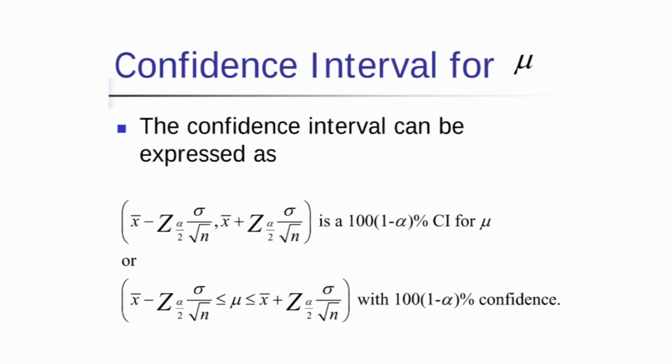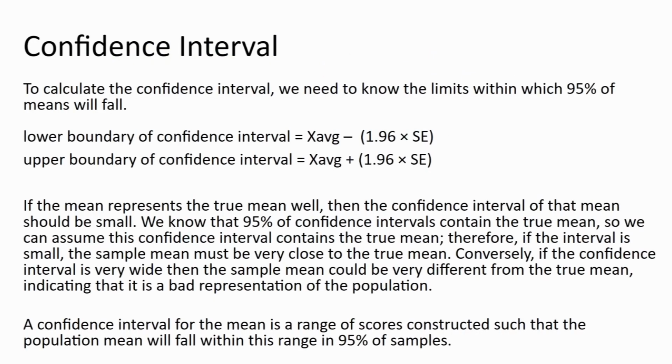If you take a particular sample, it has an x bar and the standard deviation is given, and we can calculate. Again, it is the same thing written in a different way.